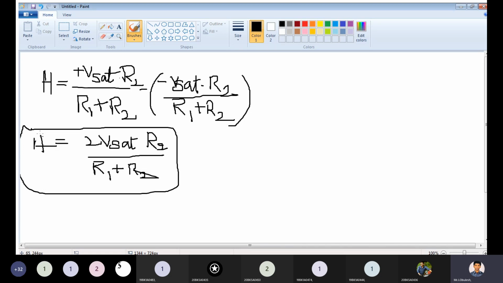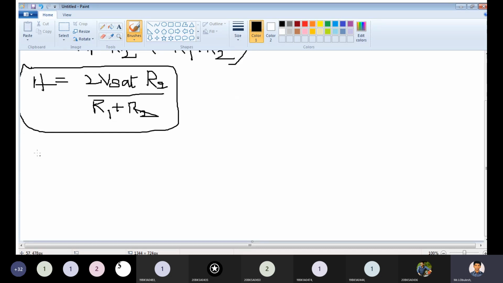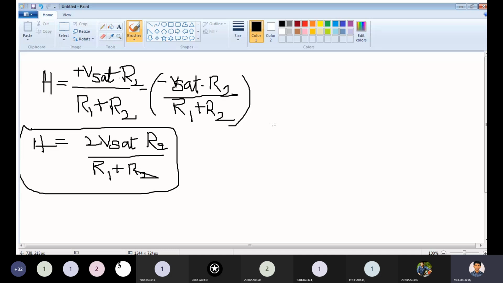Therefore, you need to note that, put a heading, note. The first point: VI is less than VLT, the lower threshold.